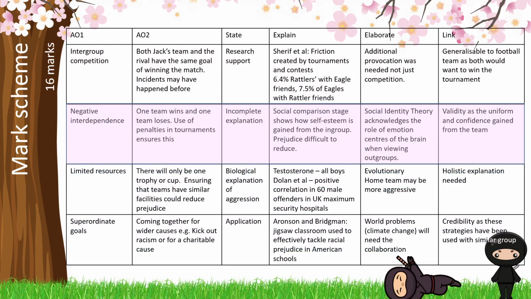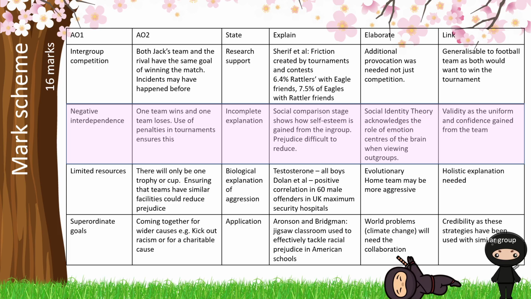We can see that this would work through into negative interdependence. Again, we've got one team wins, one team loses. The use of penalties in tournaments ensures that there is always one winner.